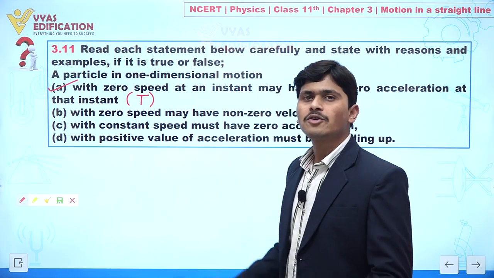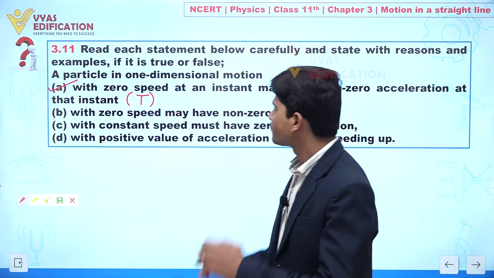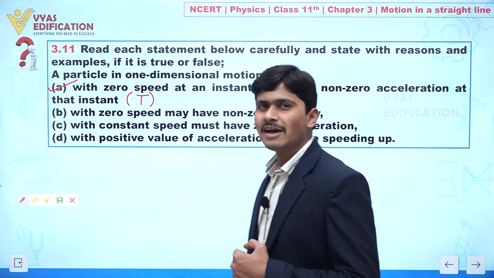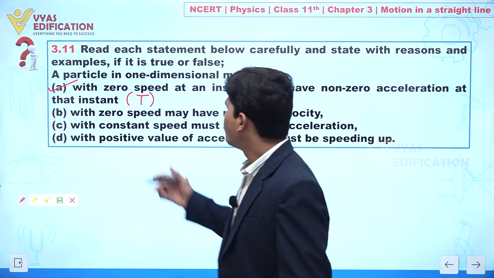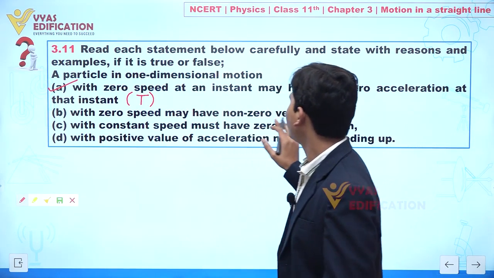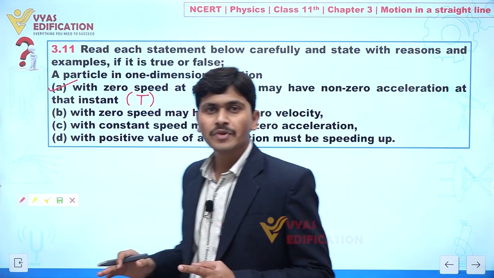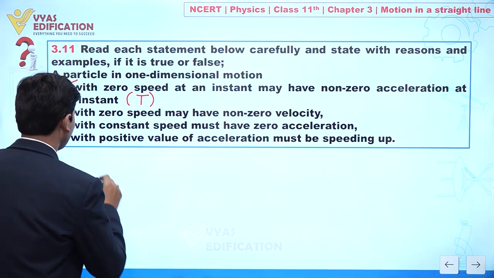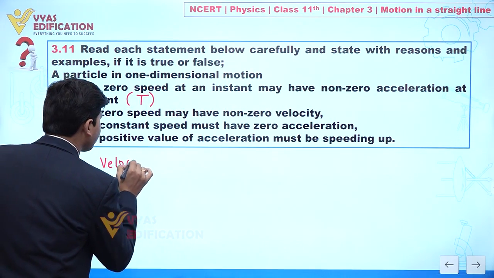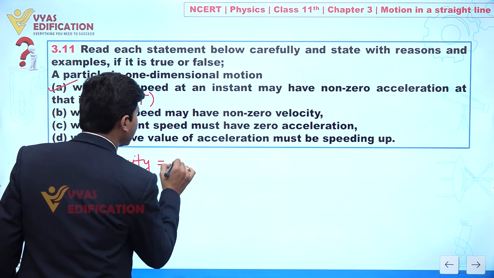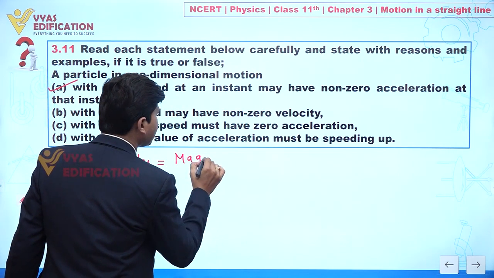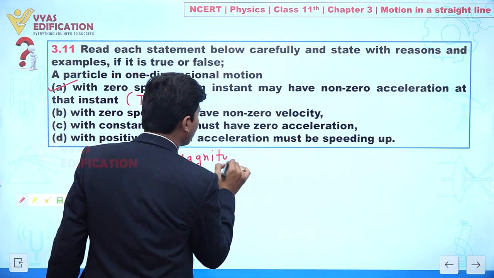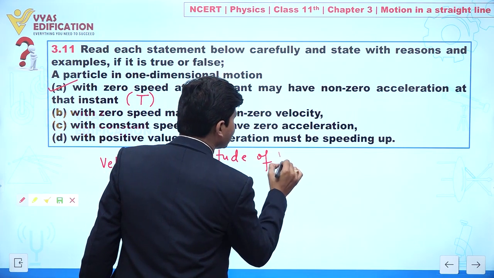Clear? Now we are going to check part number B. A particle is having one dimensional motion with 0 speed. It may have non-zero velocity. Not possible. Why? Because we know that speed is indicated by the magnitude of velocity. Yes or no?